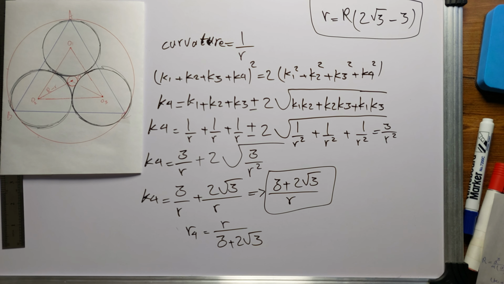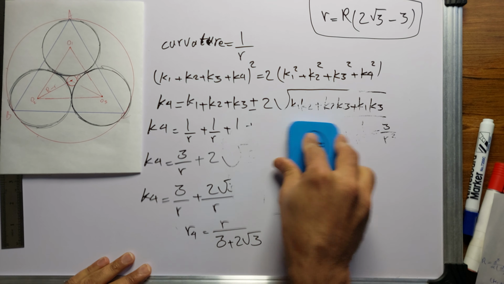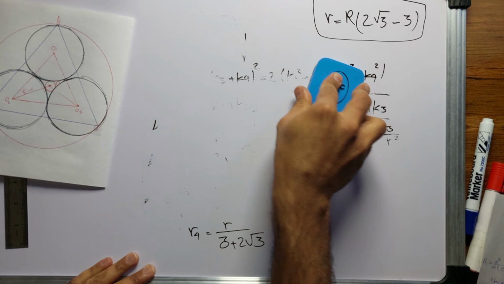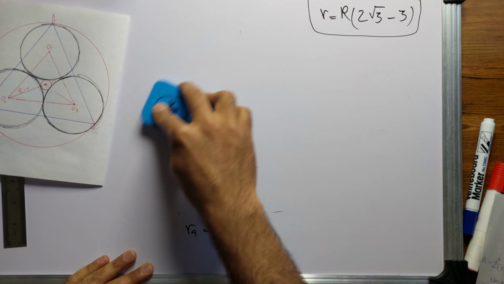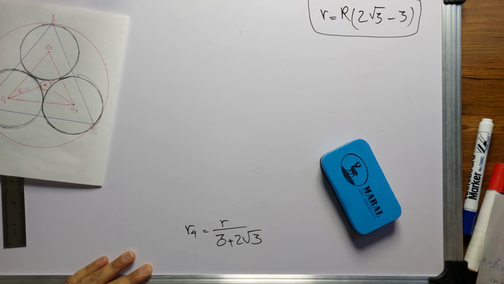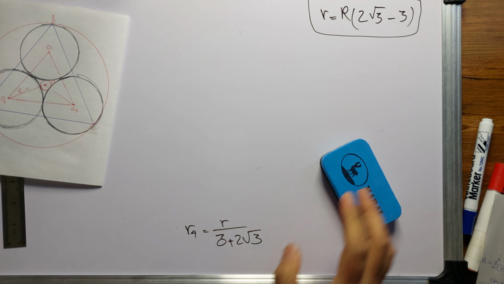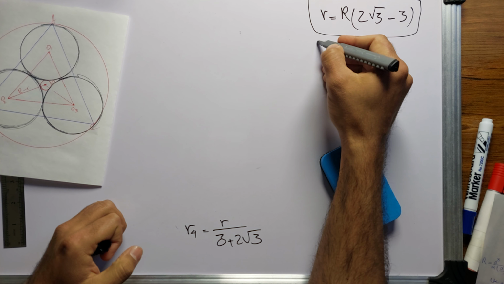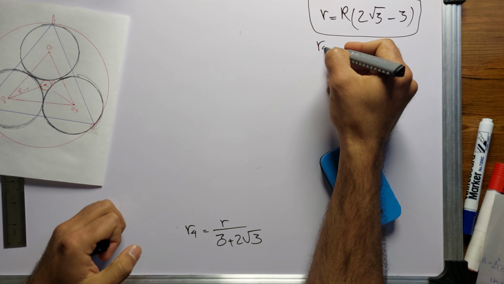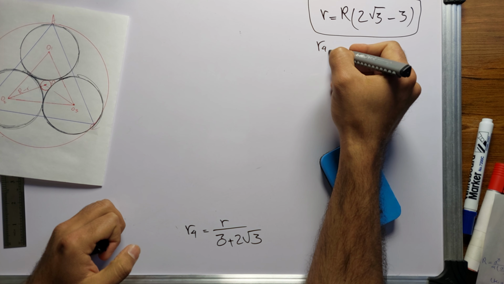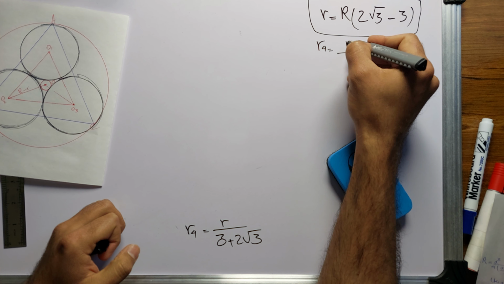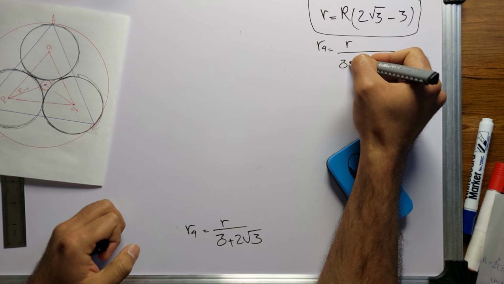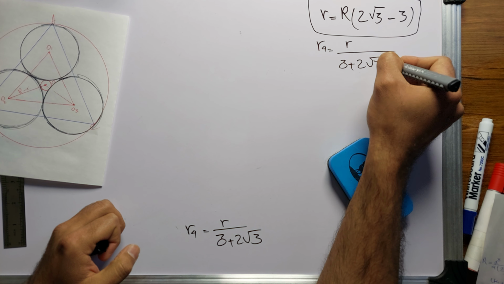So let me just write it down here. So r sub 4 equals r over 3 plus 2 square root of 3.